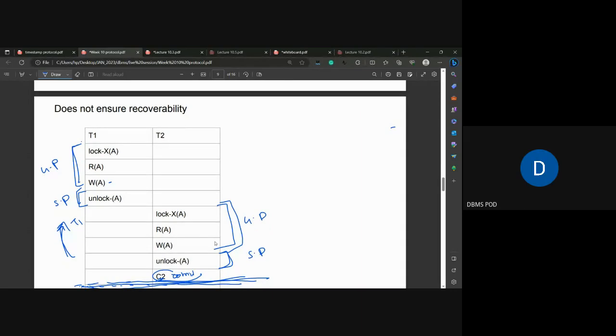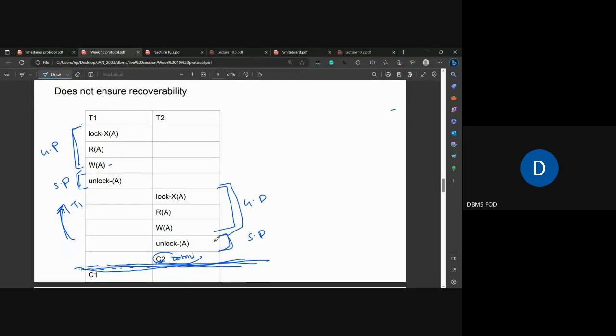There may be a failure at that point, so you have to see that even if it follows the locking protocol, it does not ensure recoverability. What's the solution for this commit? You are talking about the strict schedule. Don't worry, I'll go one by one.